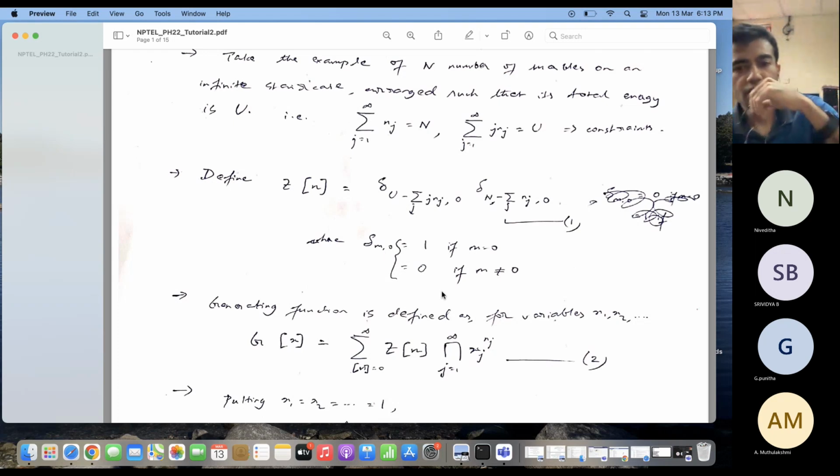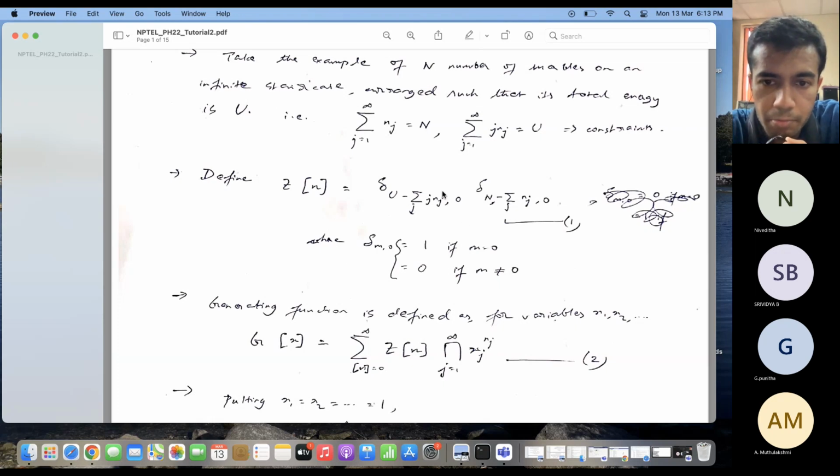So in some sense, you will see that if my microstate satisfies the constraints of total energy and total particle number, then this will be equal to 0 and this will be equal to 0. So then this delta function will be 1 and this delta function will be 1 and their product will also be 1. So Z for that microstate is equal to 1. On the other hand, if the microstate does not satisfy these constraints, then one of the two delta functions will be equal to 0.